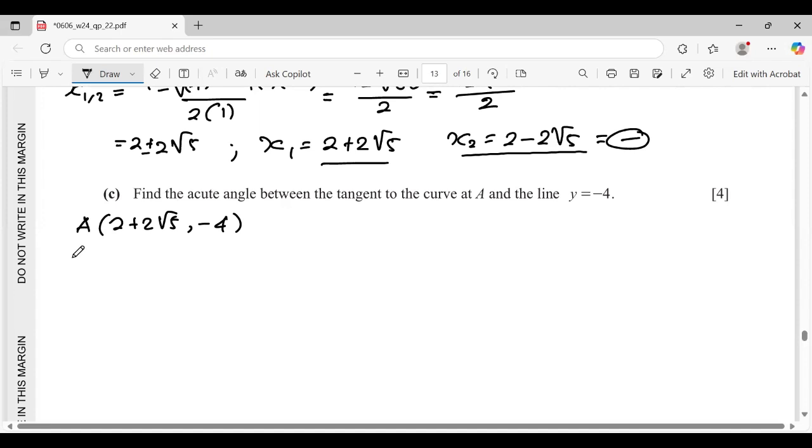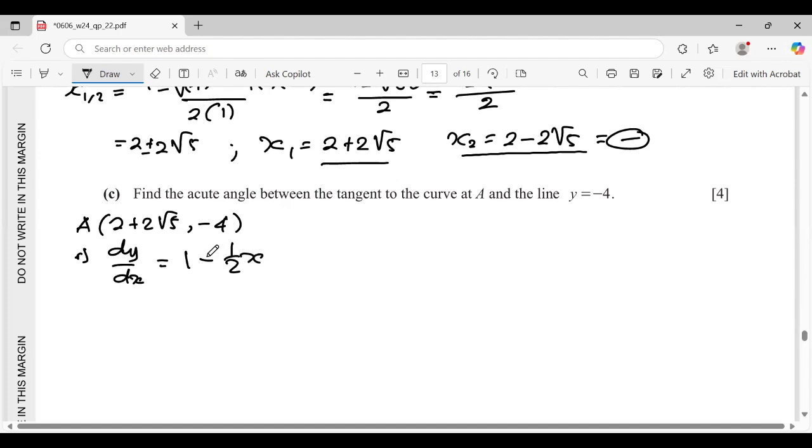Right. Now we are going to find the gradient. The gradient is dy/dx, the derivative of the function. From part A, we have the information that dy/dx is 1 minus 1 half x.